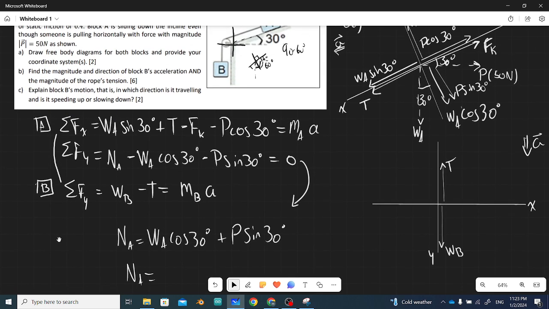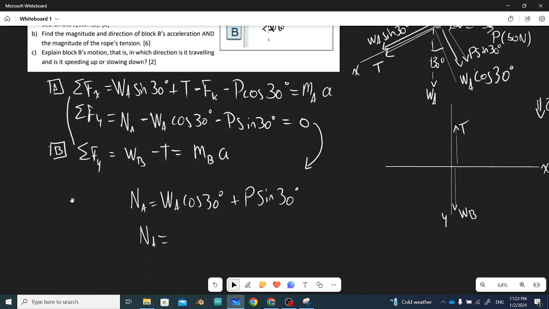I forgot. 5 kilos, so that's 5 times 9.8 cosine of 30 plus P sine of 30. P is 50, so 50 sine of 30.